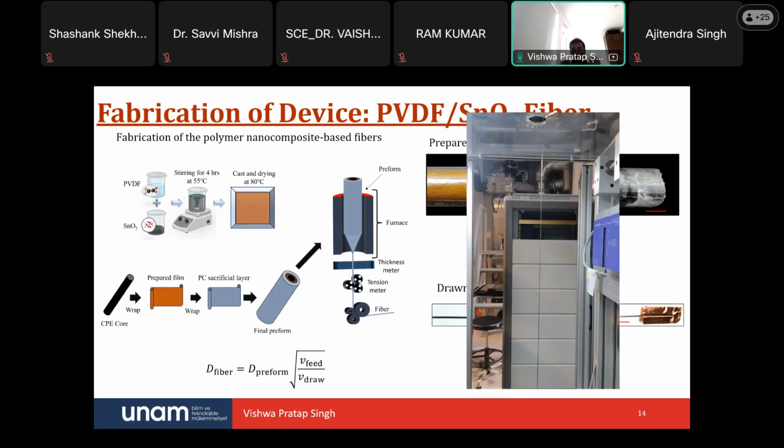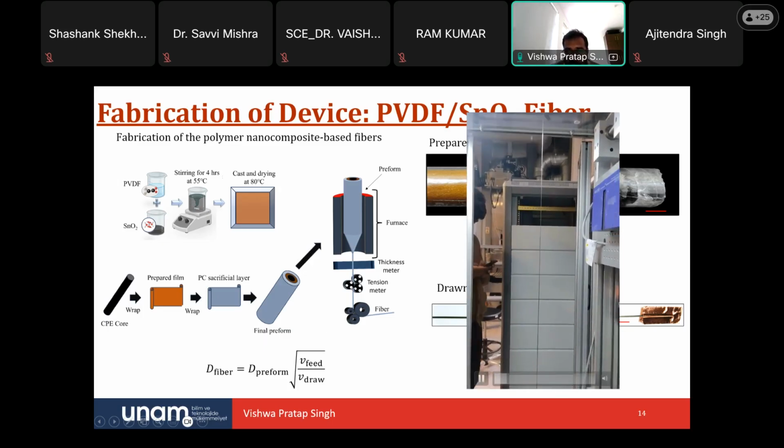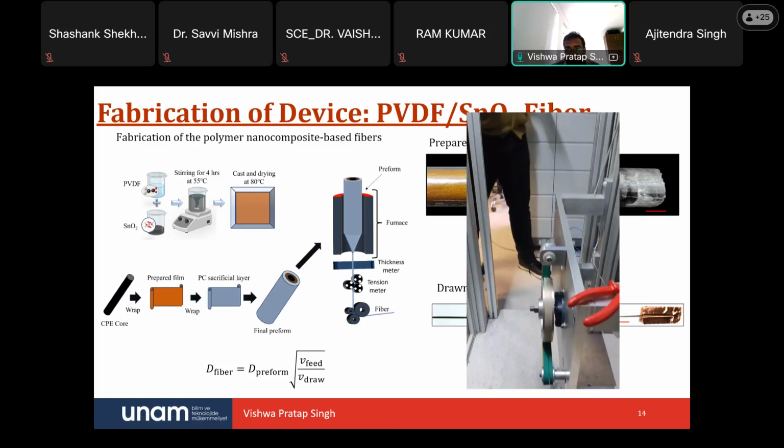In the next slides. So this is our fiber tower. I'm drawing the fiber, so you can see it's visible. Yeah, it's fine.